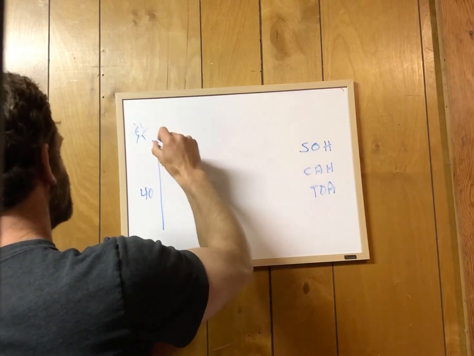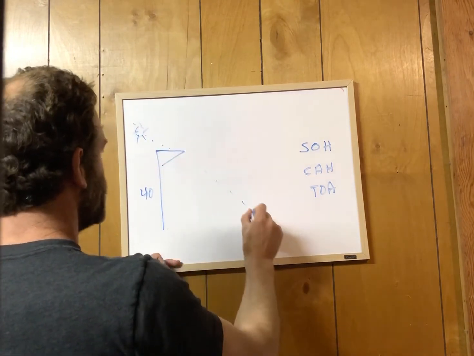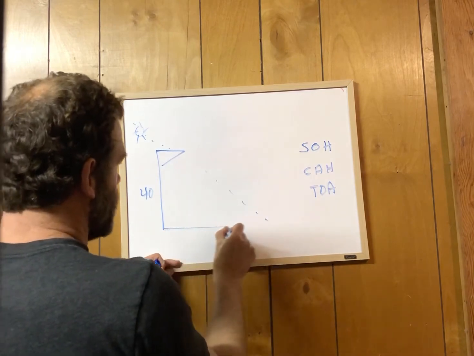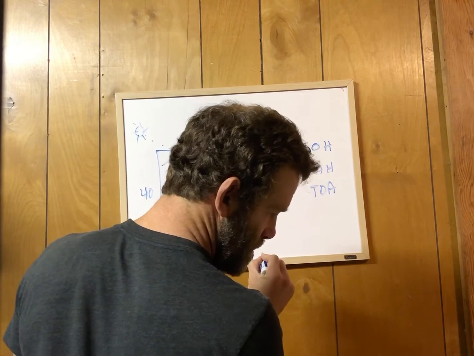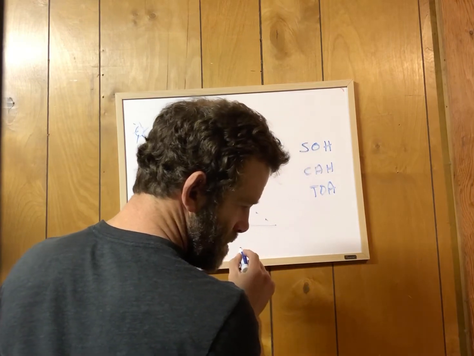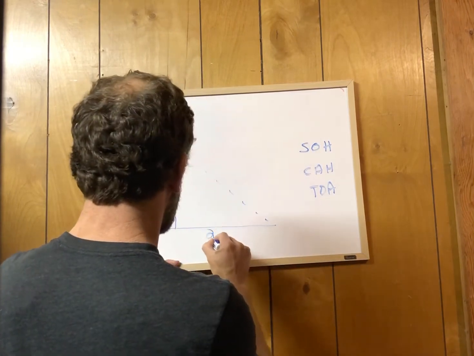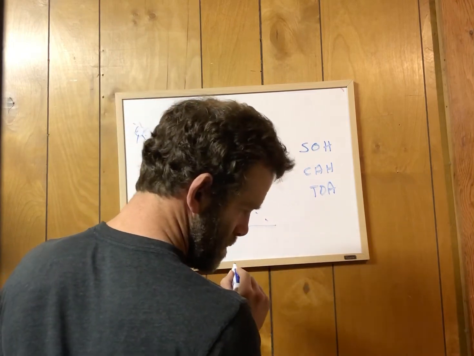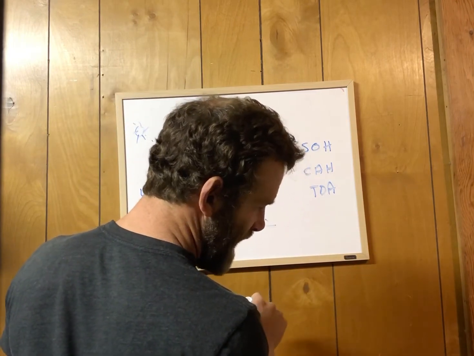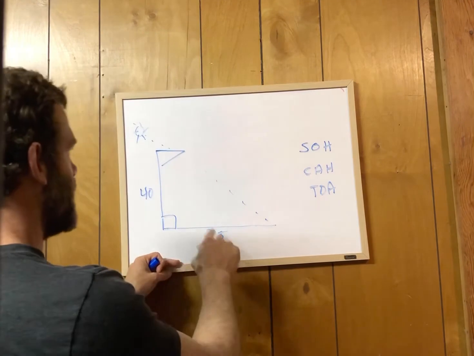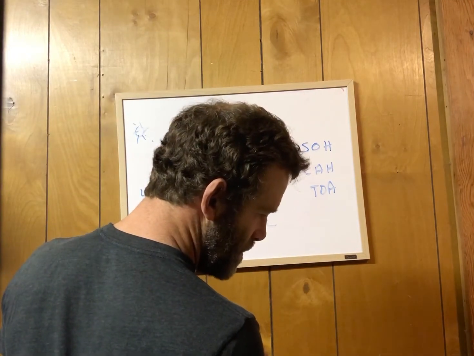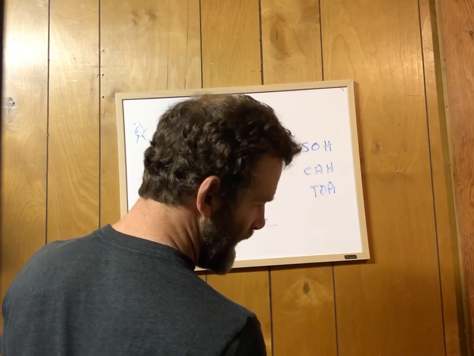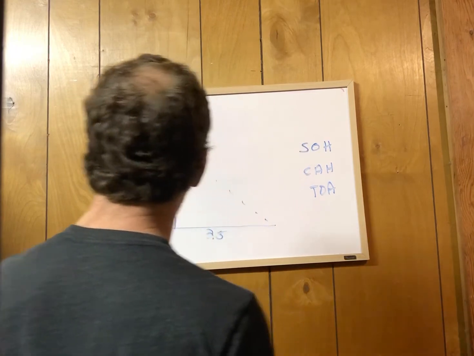When the sun hits it, the shadow on the ground is 25 feet. A 40-foot flagpole casts a 25-foot shadow. So here's your shadow. Find the shadow cast by a nearby building of 200 feet.